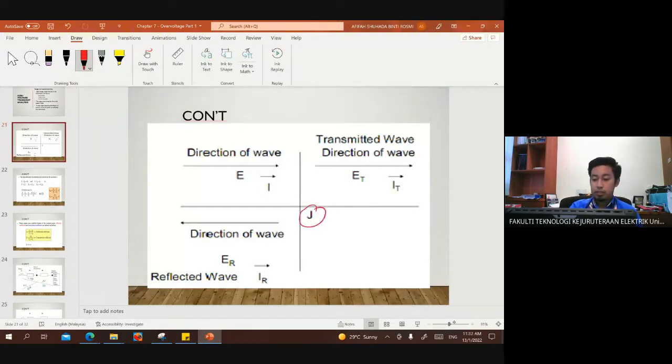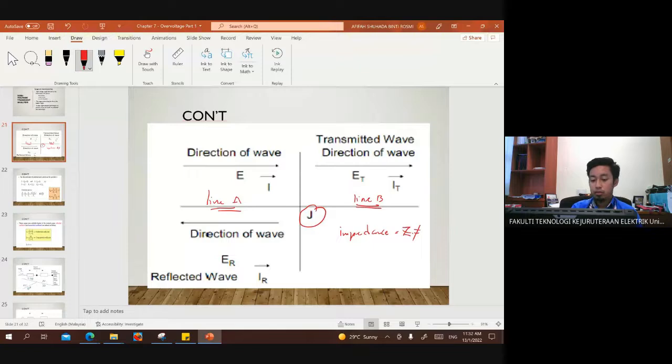Okay, this is the junction. For example, here we have line A and line B. But maybe line A and line B have a different impedance Z compared to each other.